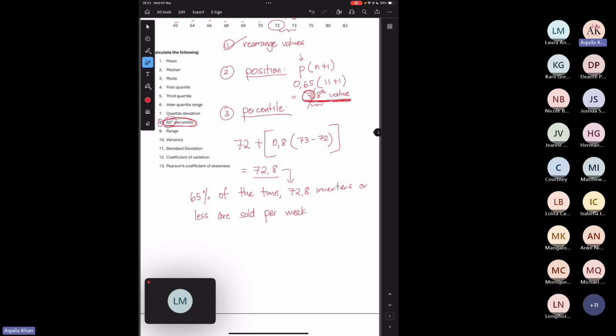All right, so this one, as I said, is a little bit different. And it is possible with your quartiles here as well, your first quartile and your third quartile, you could have also had decimals when you calculated your position, but it's done in exactly the same way.